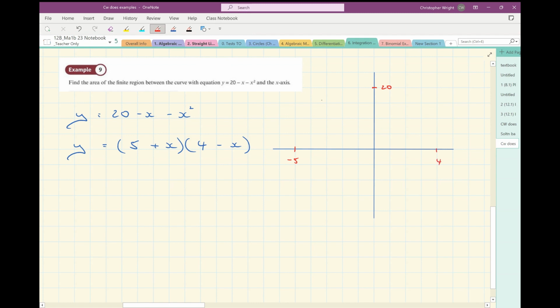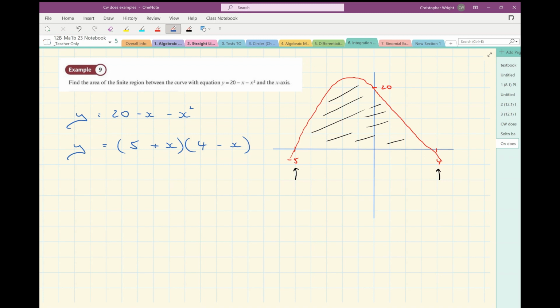So it's going to look something like that. Oh, I don't think much of that. But anyway, that's what it's going to look like. And I'm being asked to find the area of this region here, so the area under the curve between the values of minus 5 and 4. All right, now we understand what we're doing.